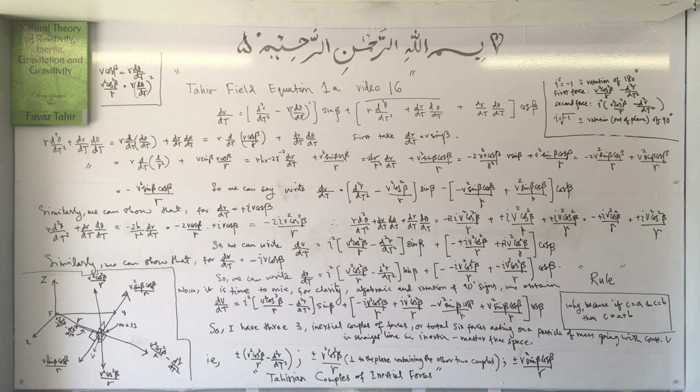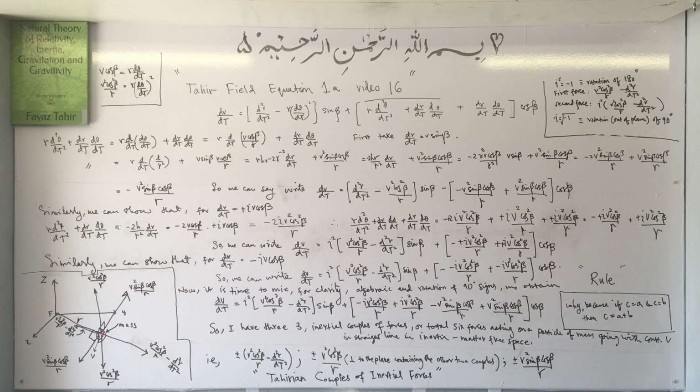This couple, v square cos square beta over r, v square cos square beta over r, is out of the plane of the other two couples, v square cos square beta over r minus d square r over dt square. So when a particle is going, and this is the velocity of the particle v, and it has a mass m, the particle is going like this.